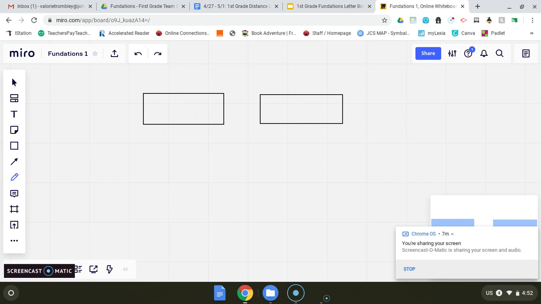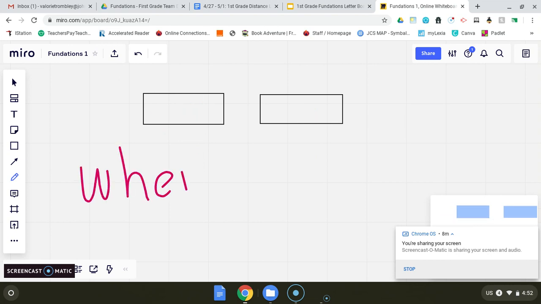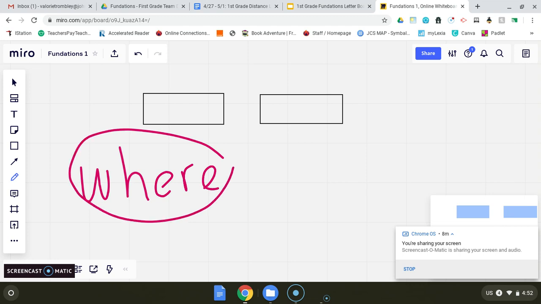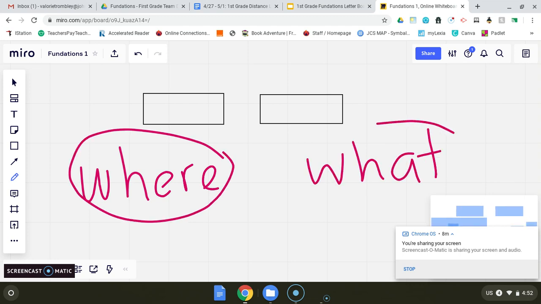What. Mark both of your trick words by circling them. Here is trick word where. And our trick word what.